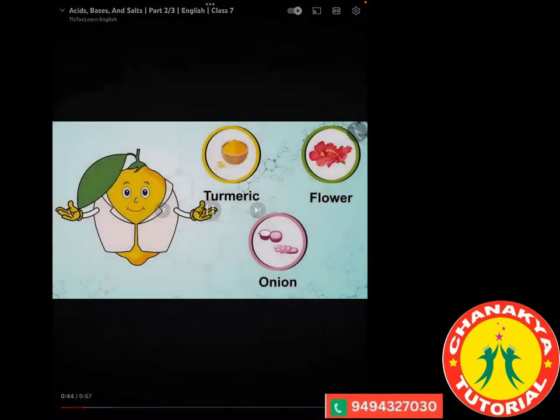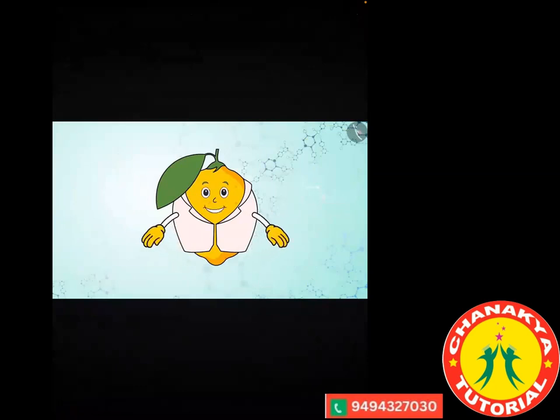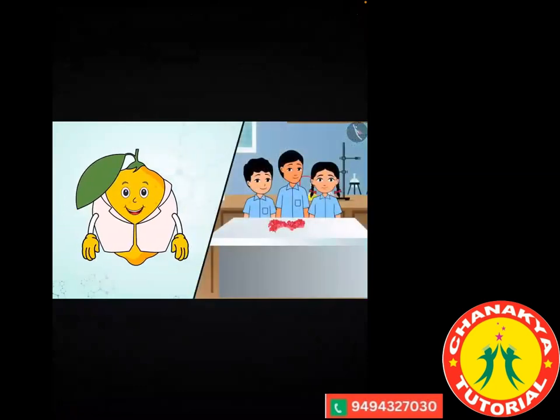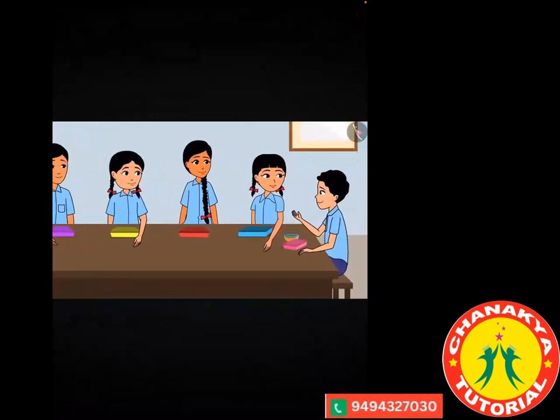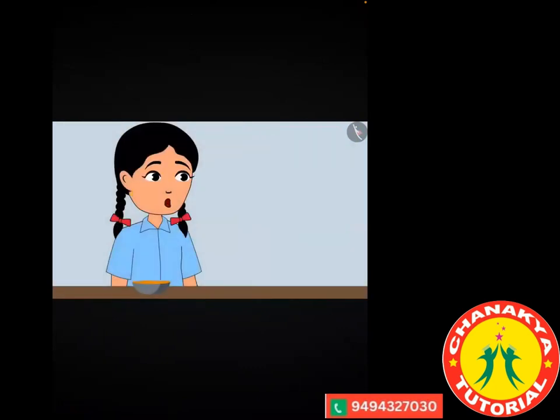So that they could all experiment together, let us see what children have brought from home. So let's go with the kids to their school lab today. I too am curious to know. Come, let us wear a lab coat and become a scientist. Today I have brought turmeric for the experiment. What have you all brought? Hey, I also brought turmeric.